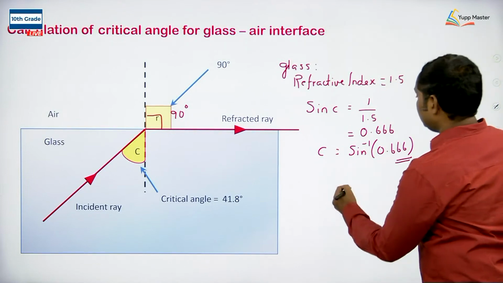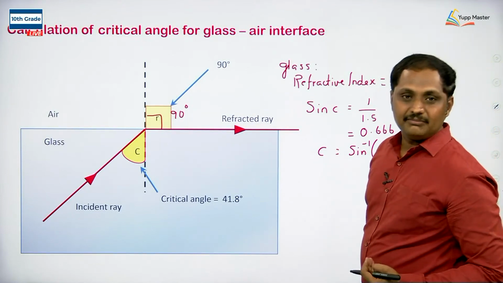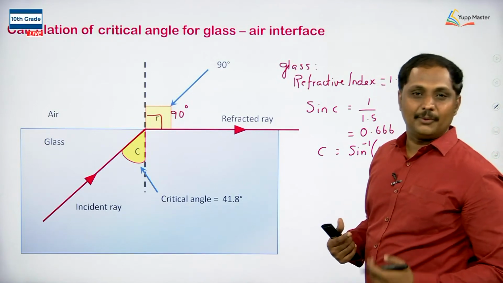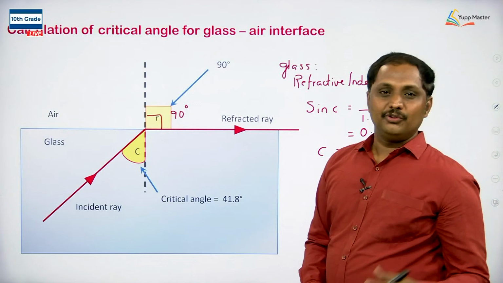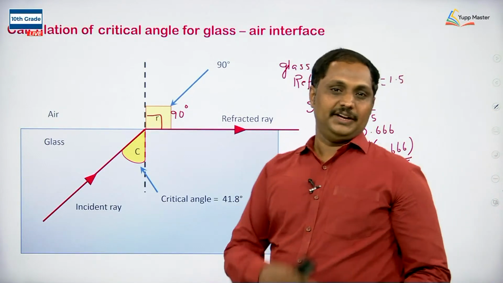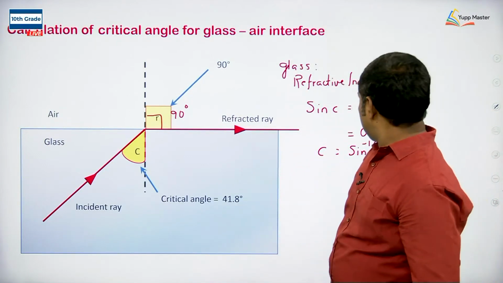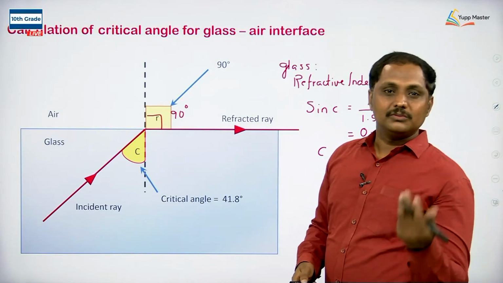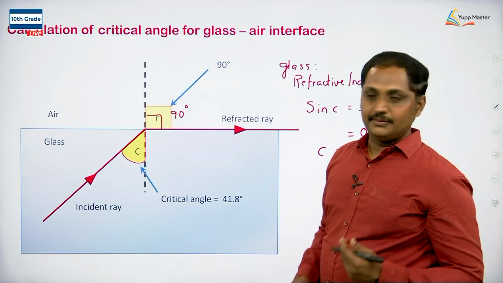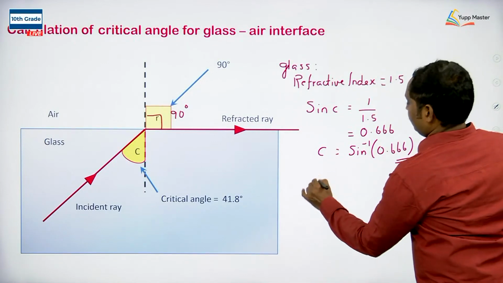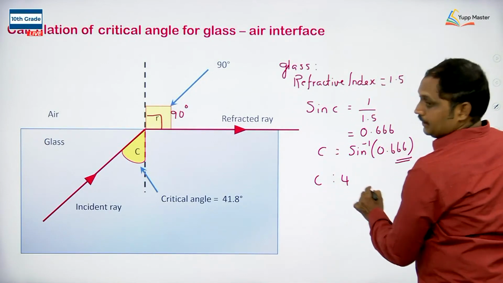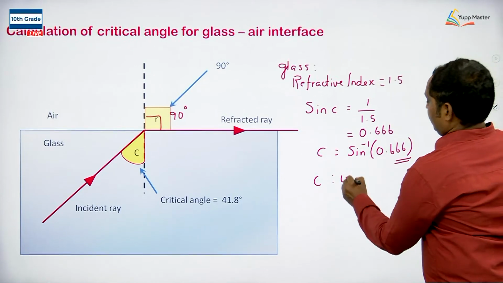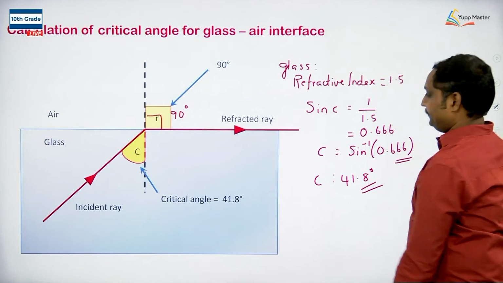You might have some idea: sin inverse of 0.66 is approximately 0.7. You know, sin inverse of 0.5 is 30 degrees. So it might have a near value, 40 degrees. So take that, C is equal to 41.8 degrees. It is very clear.